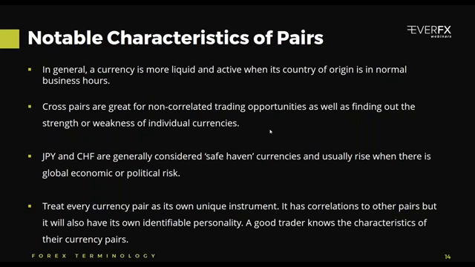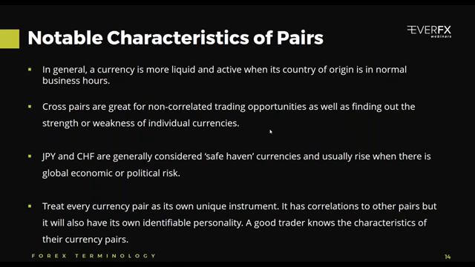Now, cross pairs are great for non-correlated trading opportunities. Cross pairs means minor currency pairs. Minor currency pairs are great when you aren't looking for correlated trading opportunities. What does that mean? Since every major pair has got the dollar, there's something correlating all major pairs, and it's the dollar. The minors are not like that.